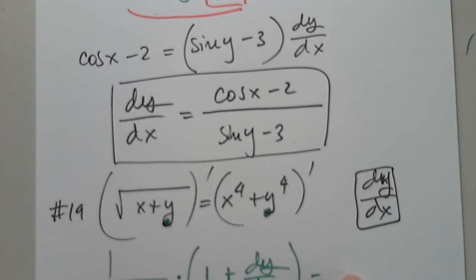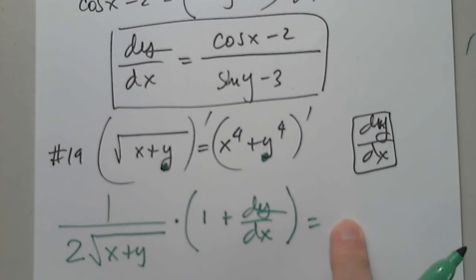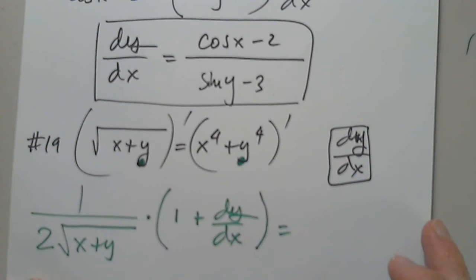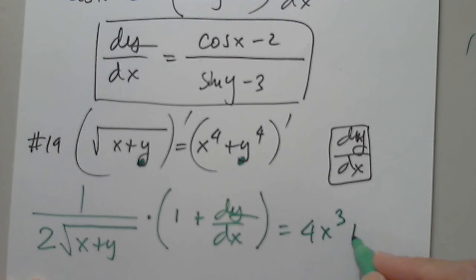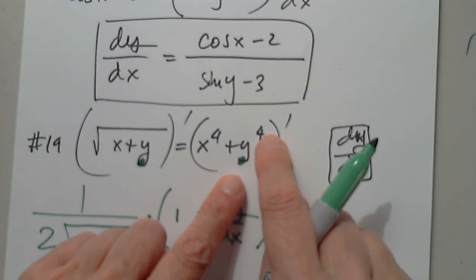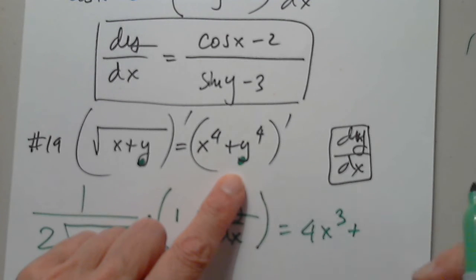x to the 4th prime: 4x cubed. Excellent. Plus y to the 4th, y being a function.